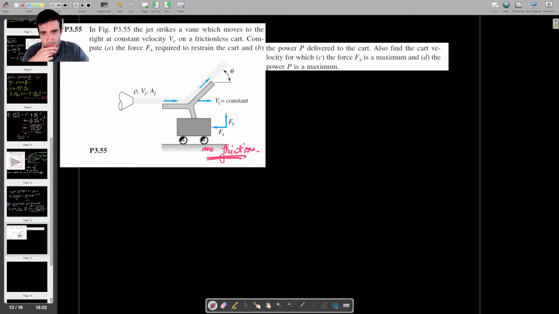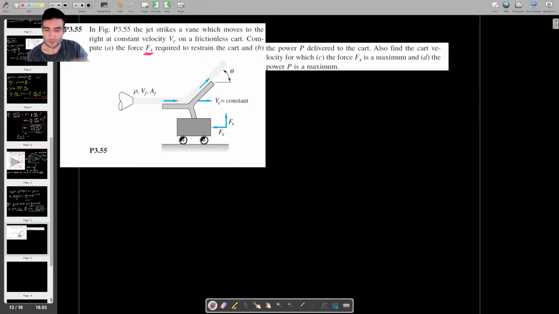And what we have to find is the force Fx, which is this one, required to restrain the cart. Then in part B we have to find the power P delivered to the cart. And then we have to do a few things in parts C and D, but we'll cross that bridge when we get there.